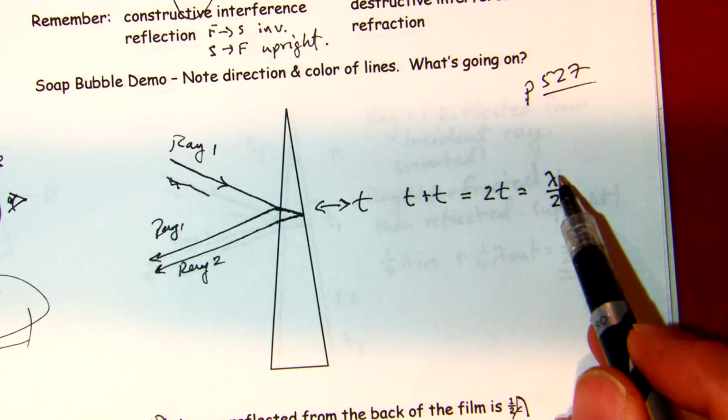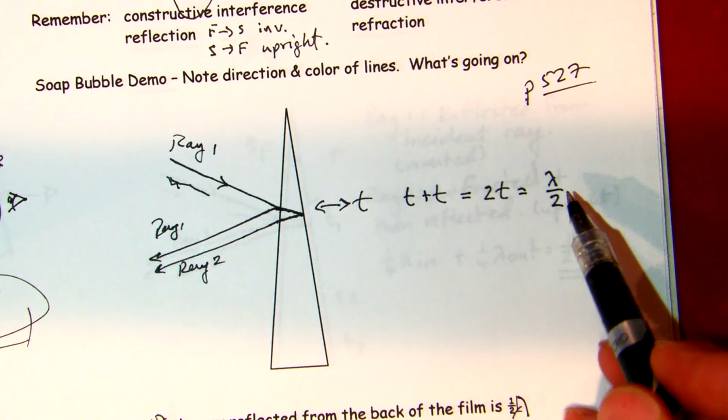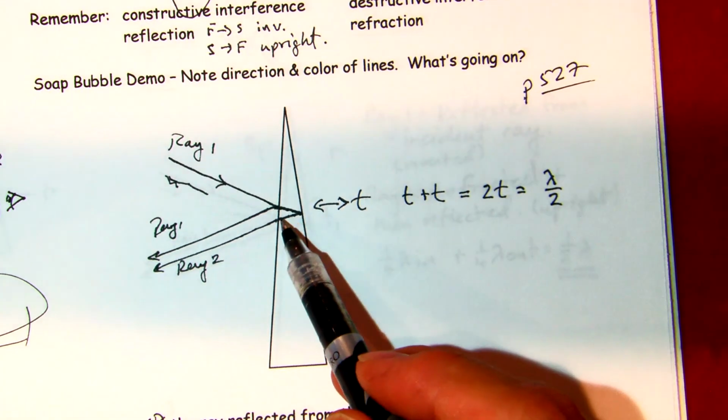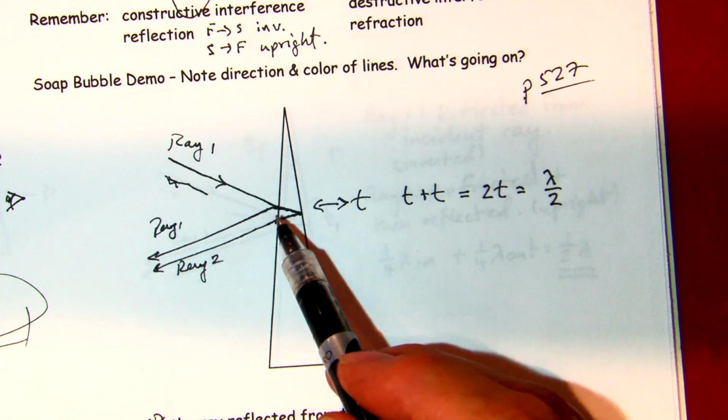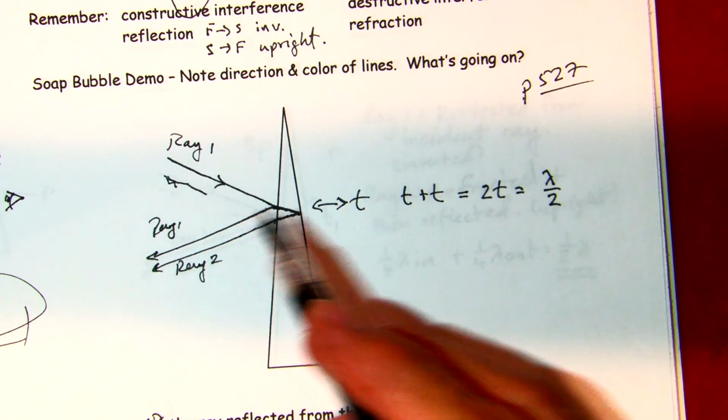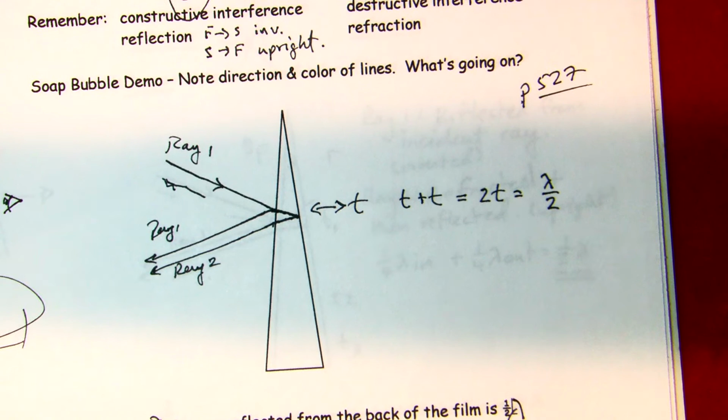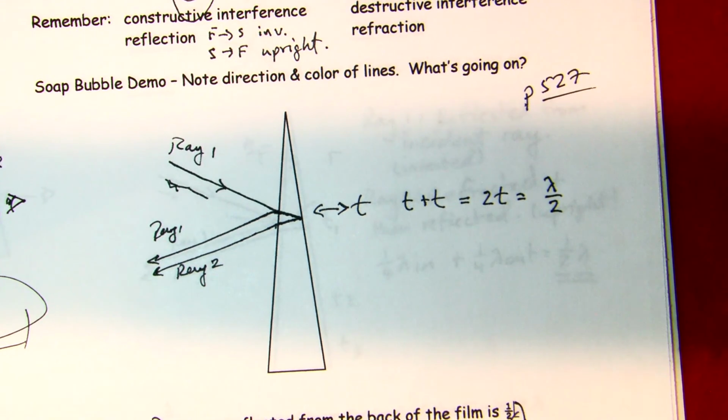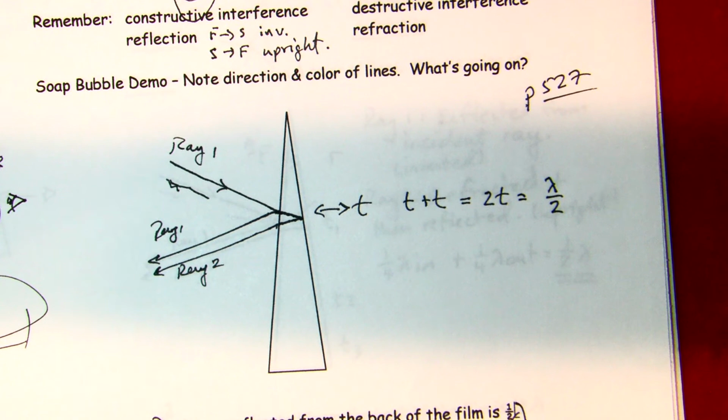Or, if that's lambda over 2, that would mean that ray 2 has traveled a half a wavelength further than ray 1. So if this is ray 1 traveling along, ray 2 has to travel a half a wavelength further, so it's going to look like this. And you would think that you would get destructive interference and it would be dark.